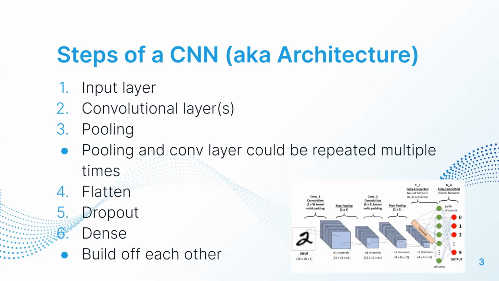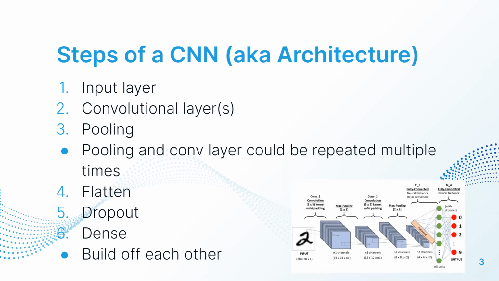Then pooling condenses it down further, as you can see here, and that always follows a convolutional layer. The pooling and convolutional layers are repeated multiple times in a network.